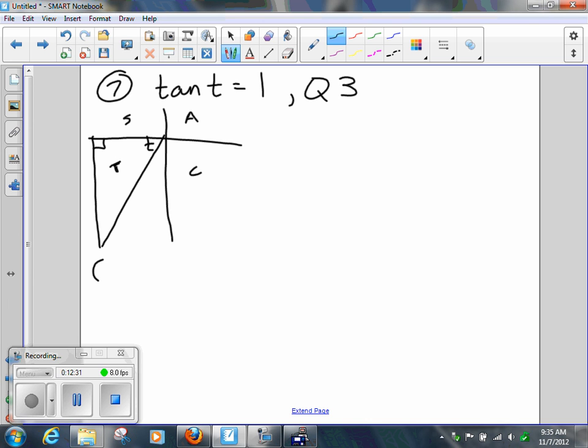I'm going to put my signs in: negative, negative, positive. Cosine, sine, tangent. Is that correct? Are tangent and cotangent the only 2 trig functions that will be positive? Yes. Okay. Now, tangent is 1 over 1. SOH CAH TOA. Right on?